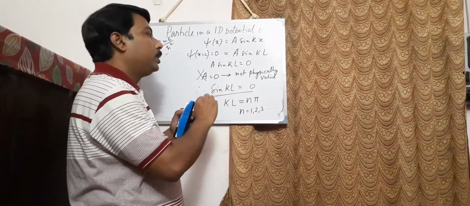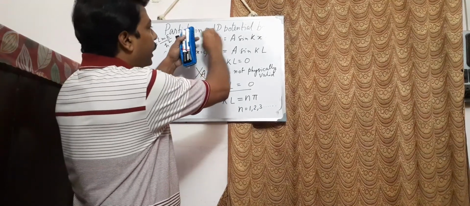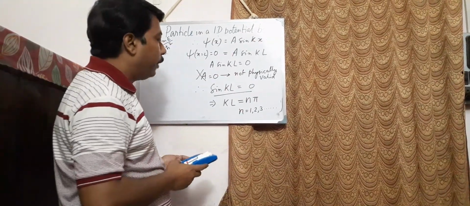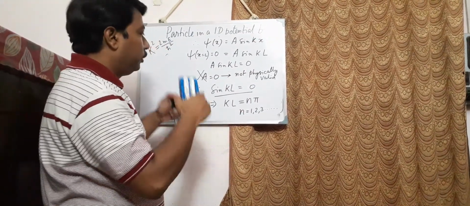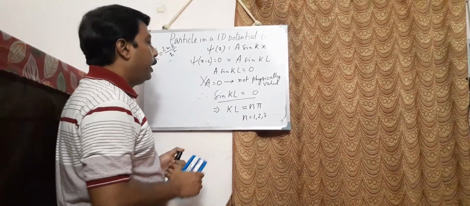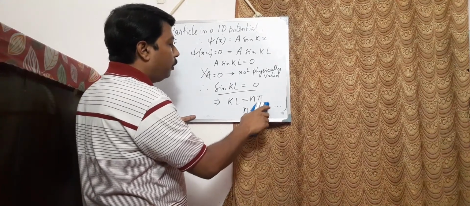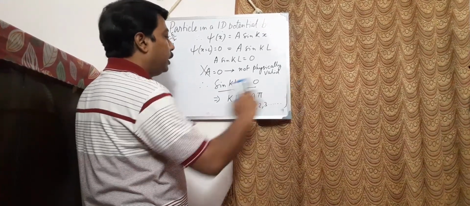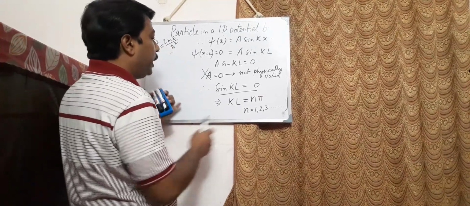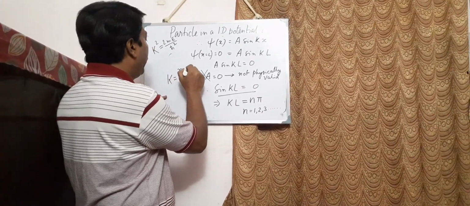So n equal to 0 is also not a physically valid proposition, which we do not want. There has to be some wave function if there is a particle inside the box. So this n can take values starting from 1. All integer values are possible. So that gives you k is equal to n pi by L.